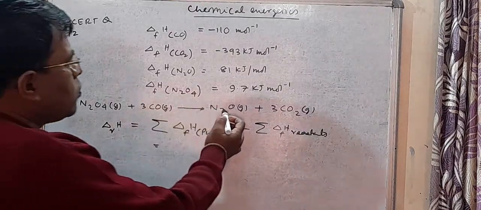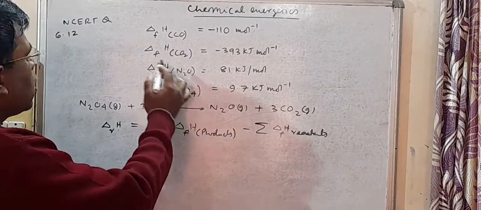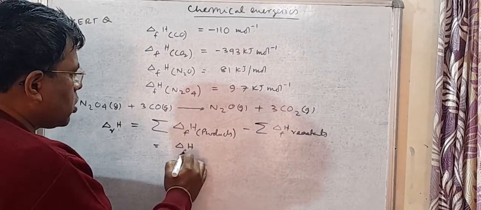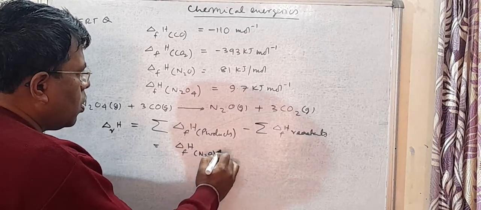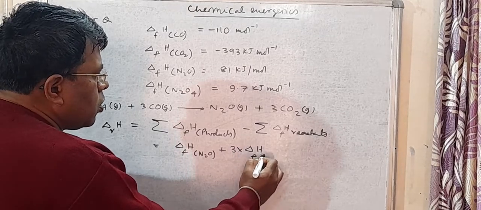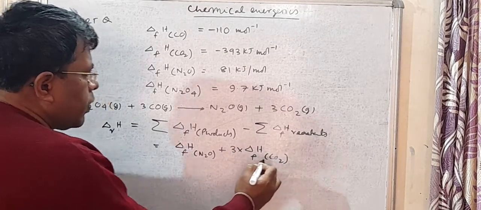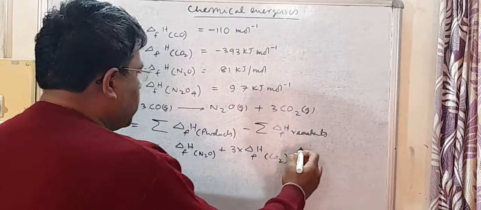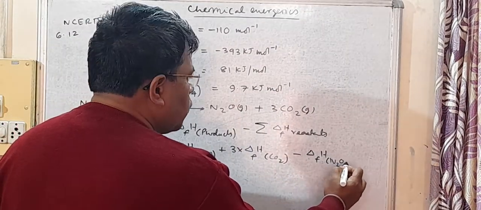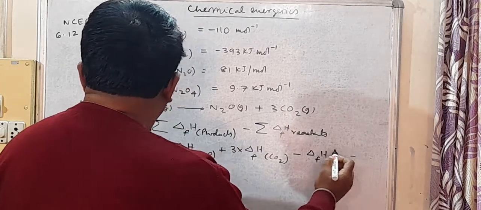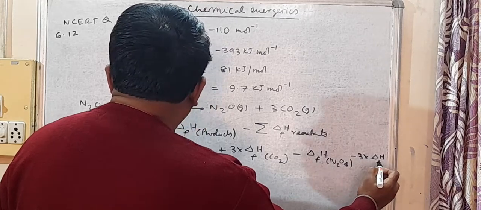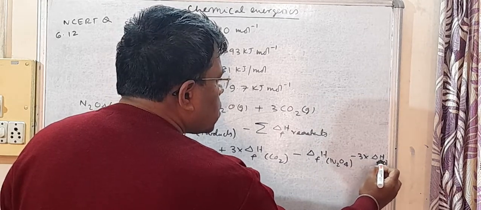Putting these values, we can write this as products: enthalpy of formation of N2O plus 3 into enthalpy of formation of CO2, minus enthalpy of formation of N2O4 minus 3 into enthalpy of formation of carbon monoxide.